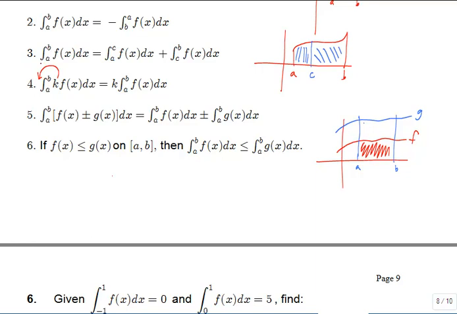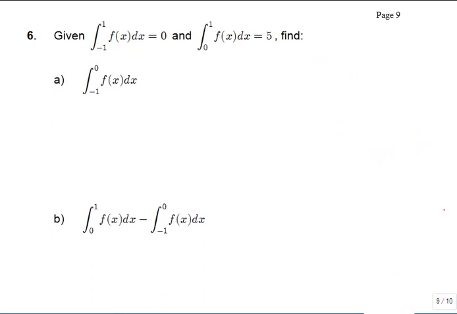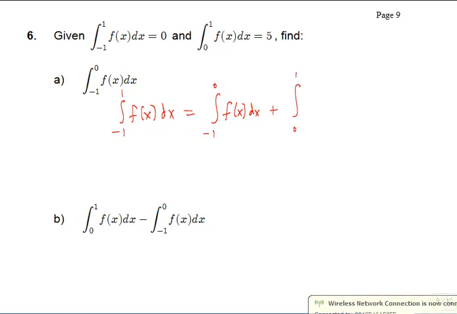We're going to take one full interval and chop it up into two smaller pieces. So out of these three intervals, -1 to 1, 0 to 1, and -1 to 0, the biggest interval is the -1 to 1. So -1 to 1 of f of x dx could be chopped up into -1 to 0 of f of x dx plus the integral from 0 to 1 of f of x dx.